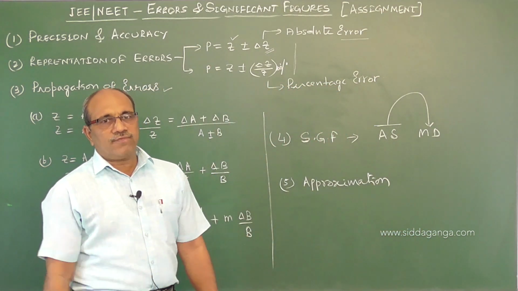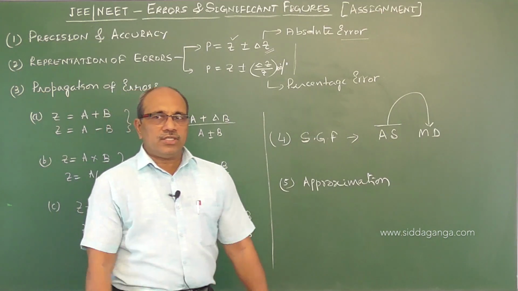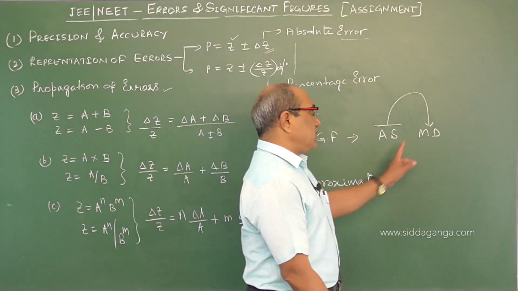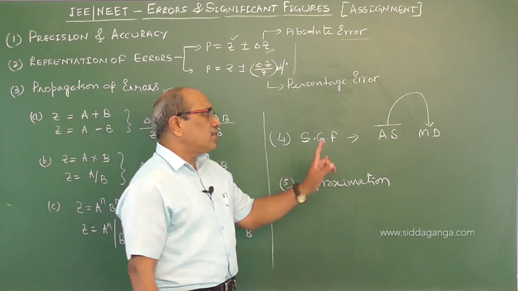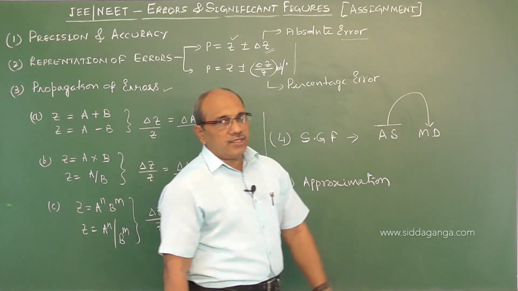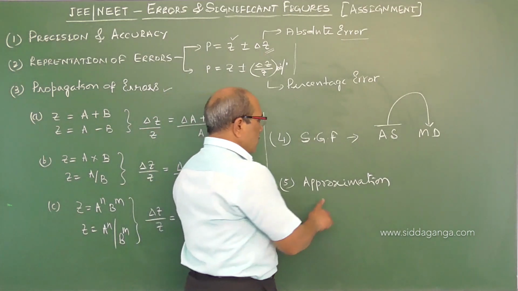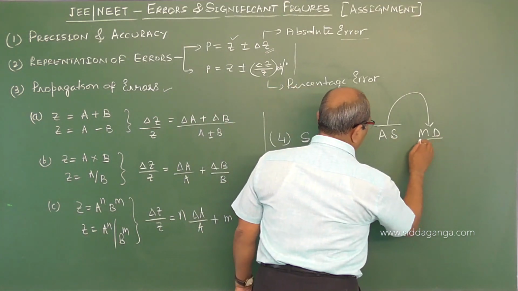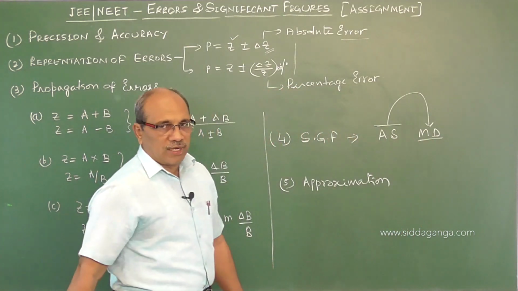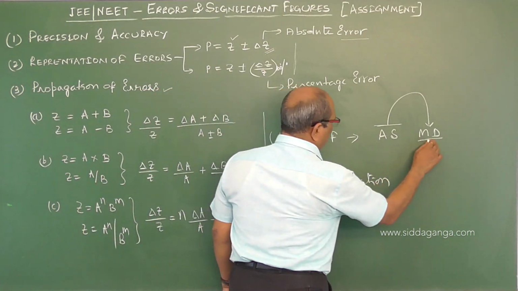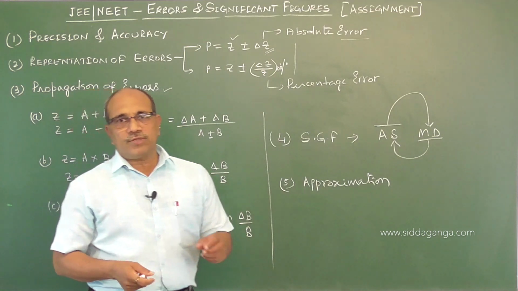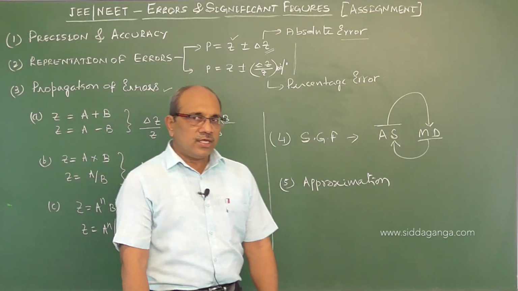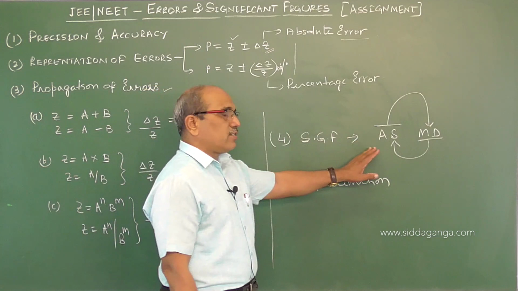If you are given a set of readings, after the addition you have to maintain the number of digits after the decimal point equal to the minimum. Whichever has the minimum, that number has to be maintained in the final result. Similarly, in case of multiplication and division or in powers, you have to maintain the minimum significant figures. Out of the data given, whichever has the minimum significant figures, the final answer should have that.